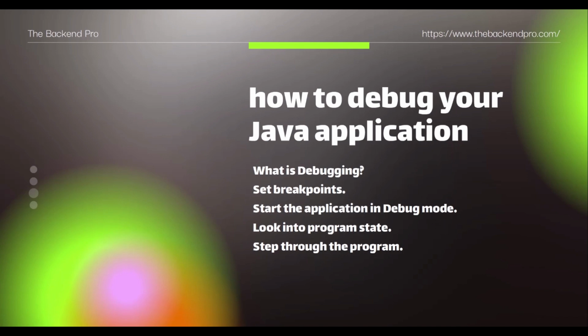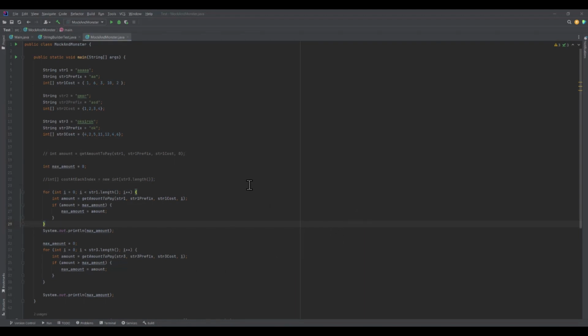I'll open my IntelliJ. So this is my IntelliJ, and I have this piece of code which I wrote a very long time back, and just for the tutorial I will show how to debug this piece of code.